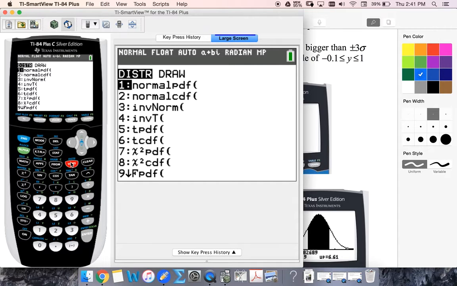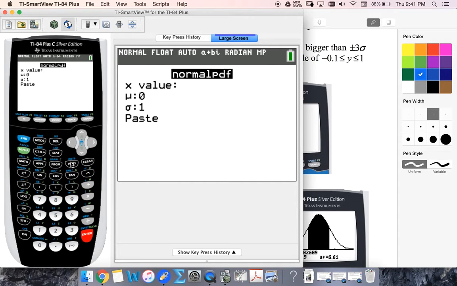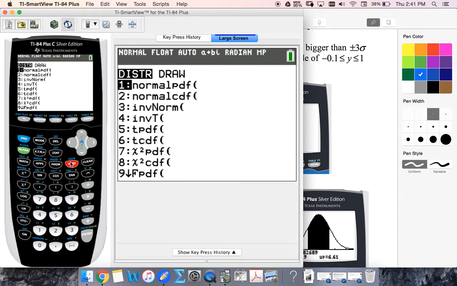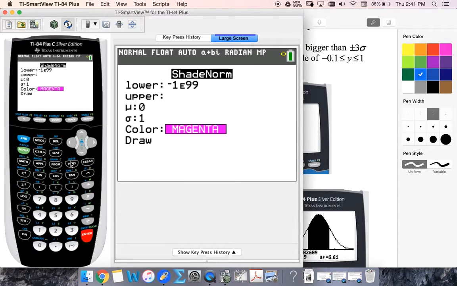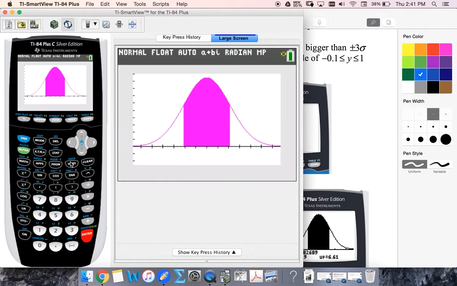So let's draw something else. Let's draw negative infinity to 5.98, and then 6.4 and 0.21. Sometimes what happens is this picture's still here and I don't want to see this picture anymore.